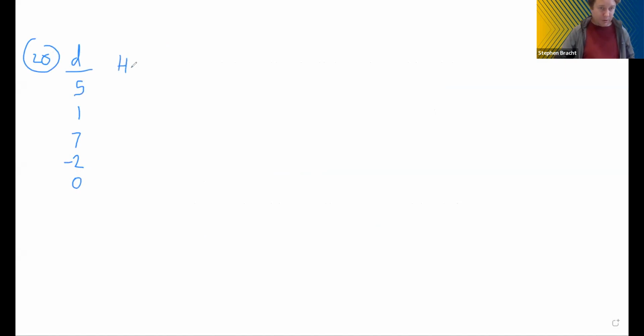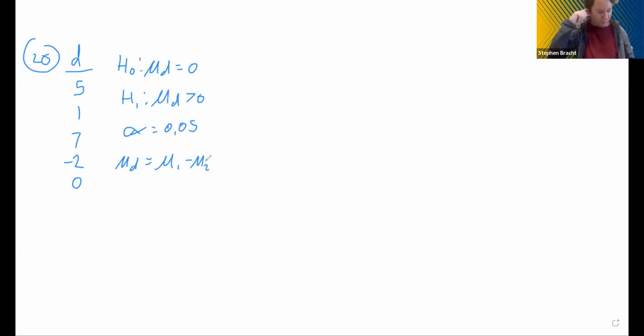The null hypothesis is given as mu d equals 0. The alternate hypothesis is that mu d is greater than 0. Alpha is given as 0.05. And just a reminder that mu d is defined as mu1 minus mu2, the difference between the population means.